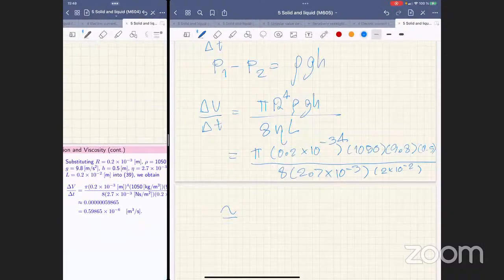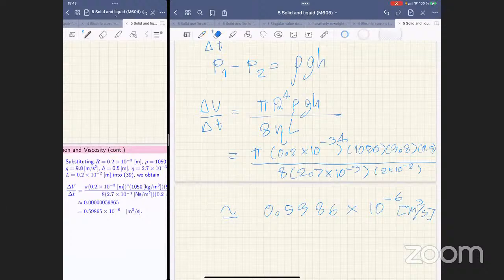Very tiny: 0.5986 times 10 to the negative 6 cubic meter per second. Actually 7 here, and that's it for this problem.